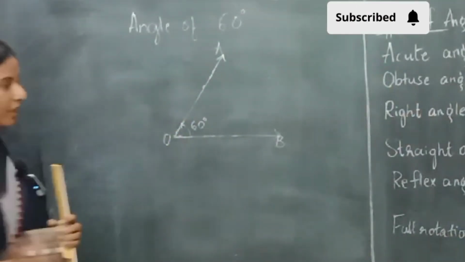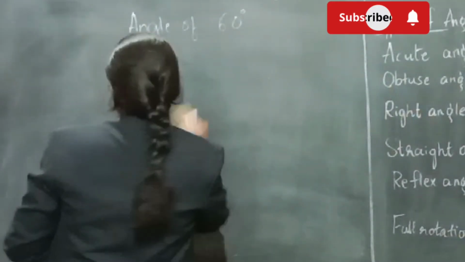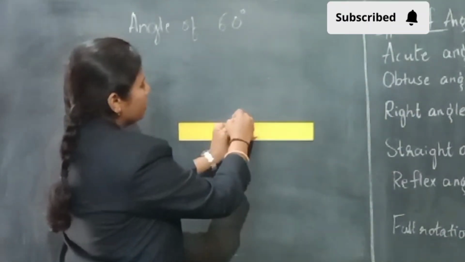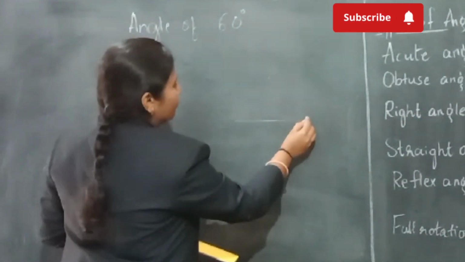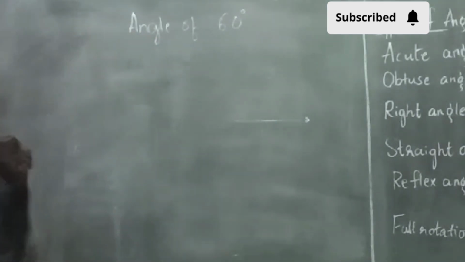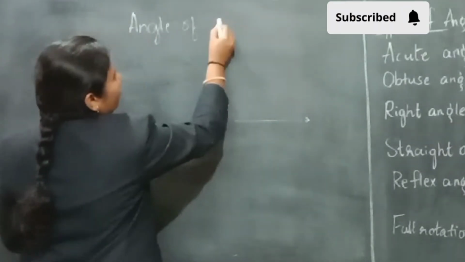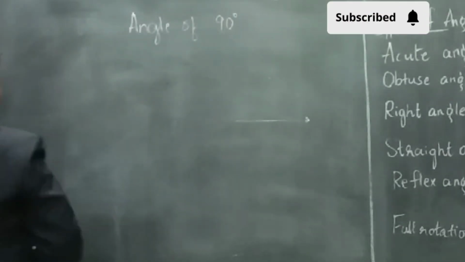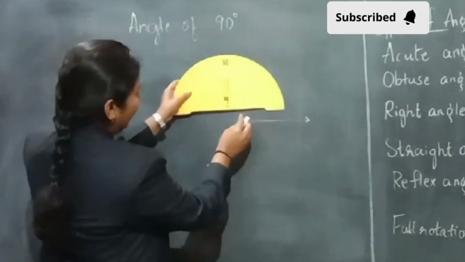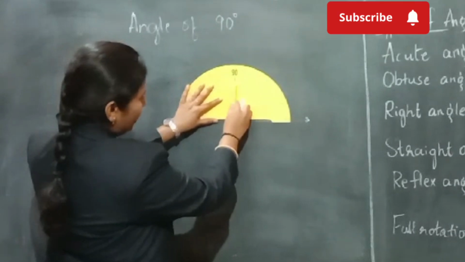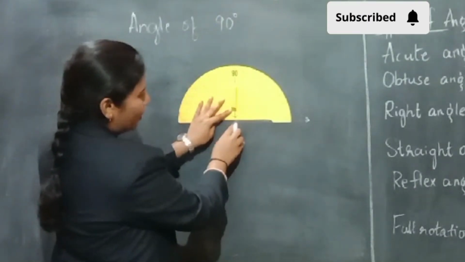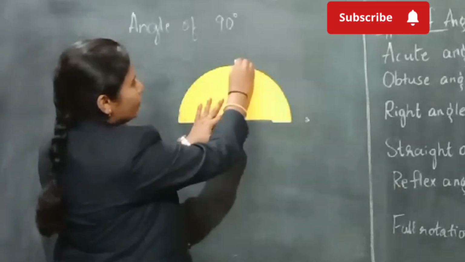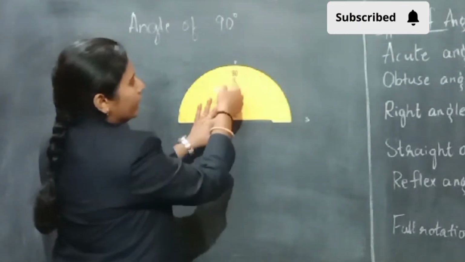In a similar way, if we want to draw a right angle, we will again draw a straight line first. And with the help of the protractor, again we will keep the center part of this protractor exactly at the end of this line segment, and we will mark here the 90 degree.